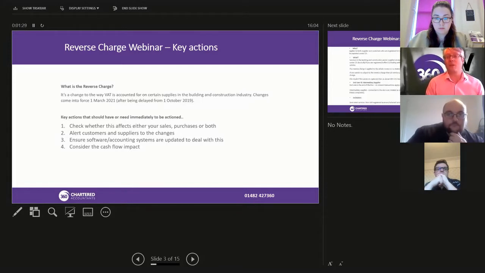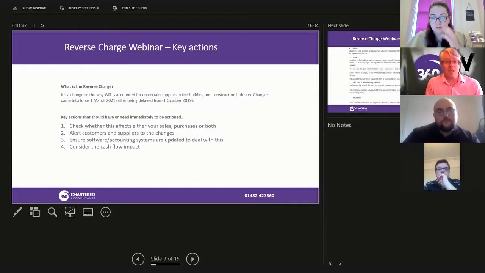Whether it's because people think COVID's not going to change things, or whether Brexit is all but done, which is obviously a little bit of an understatement. We'll see. Anyway, the reverse charge is coming into effect from the 1st of March this year, and it's all about the way VAT is accounted for by certain suppliers in your sector.